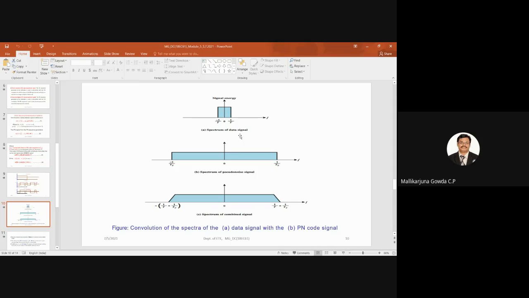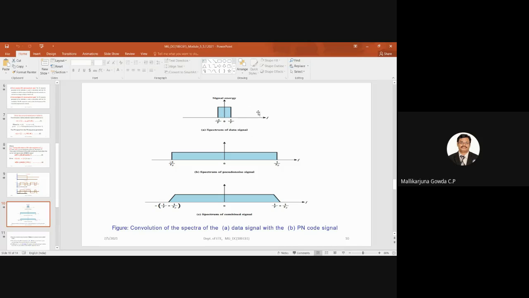Multiplication in the time domain leads to what in the frequency domain? It will be the Fourier transform of their convolution in the frequency domain. Vice versa, if 2 signals are convolved in the time domain, it equals the multiplication of their Fourier transforms in the frequency domain. I hope you all know the convolution theorem very well, right?